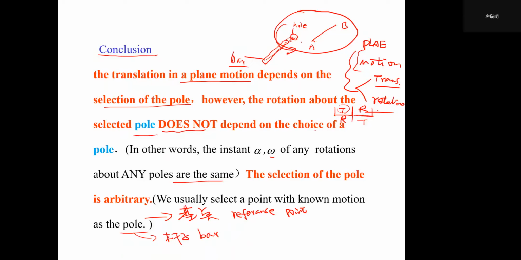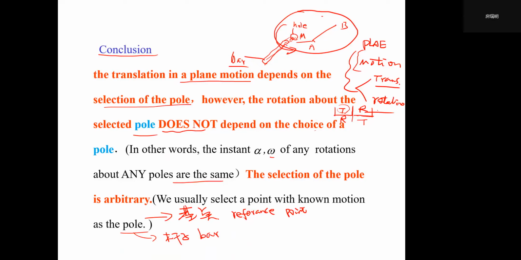So if we select some point M as the pole, then the absolute velocity and acceleration of any other point on this figure can be divided into two parts: one is translation with the pole, another is rotation around the pole. That's why we have our conclusion here.